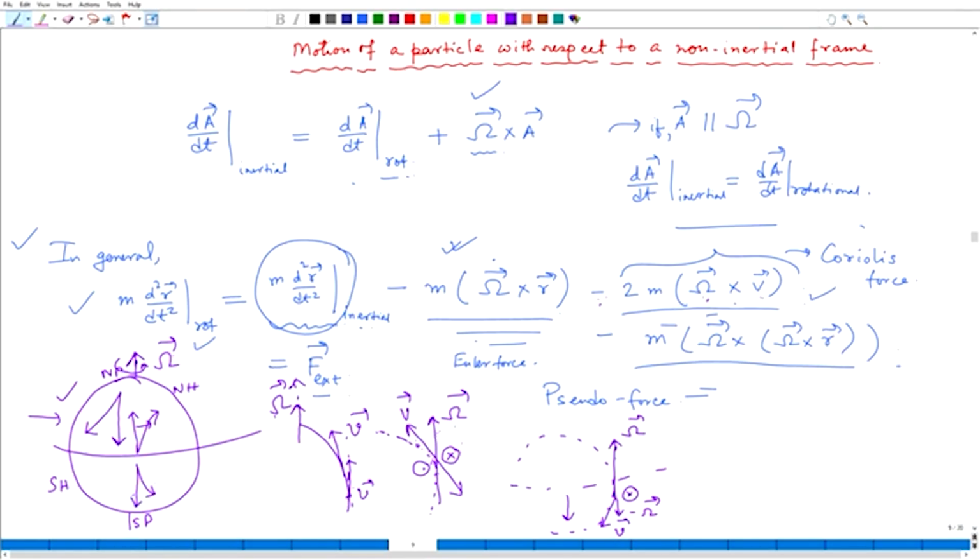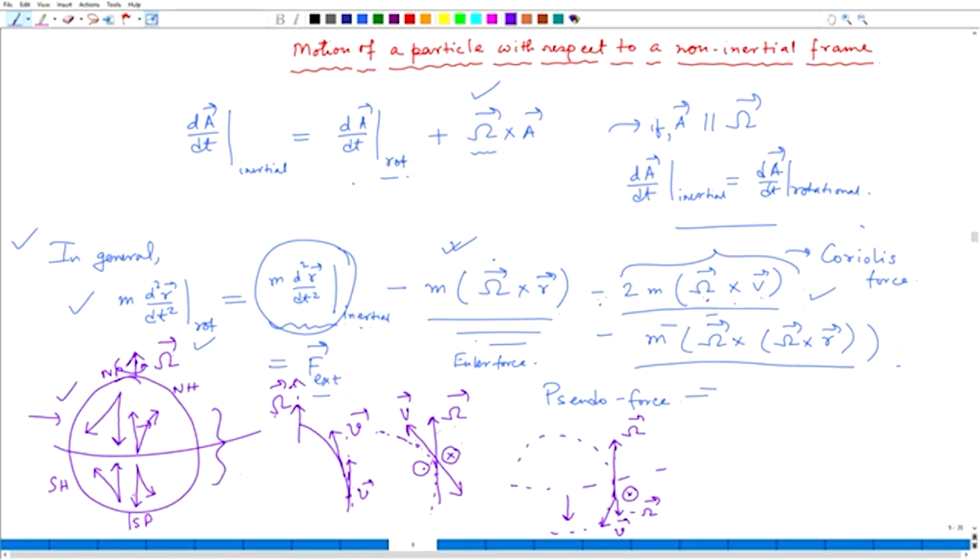Okay. And of course, now just by similarity you can think that if I have air which is moving from the southern pole to the equator, then it will also move, just by symmetry, in this direction.